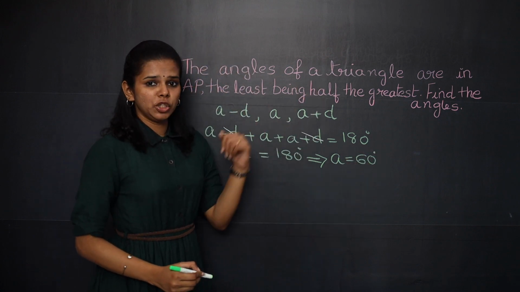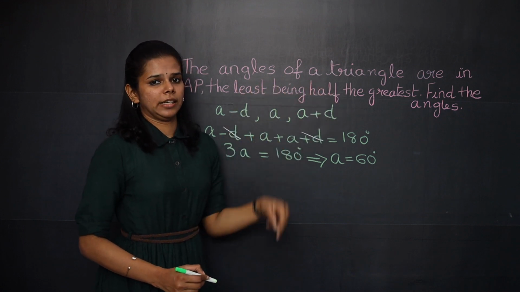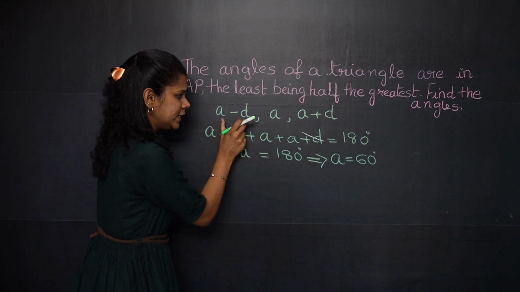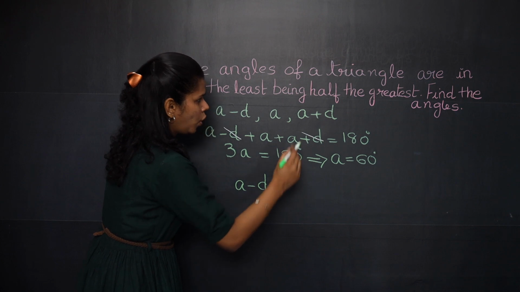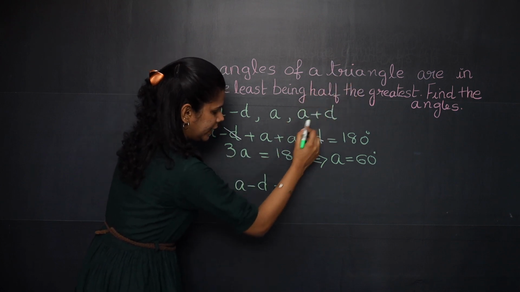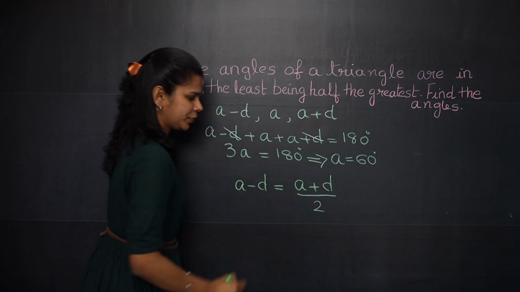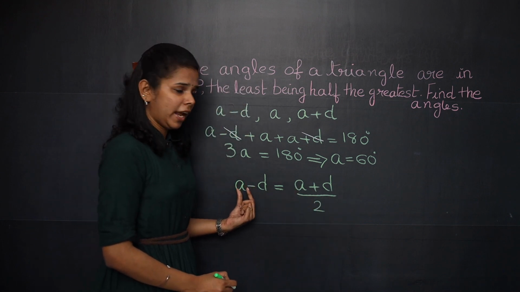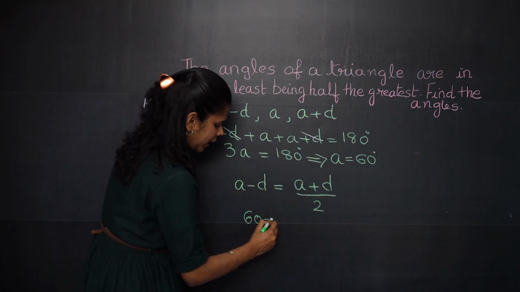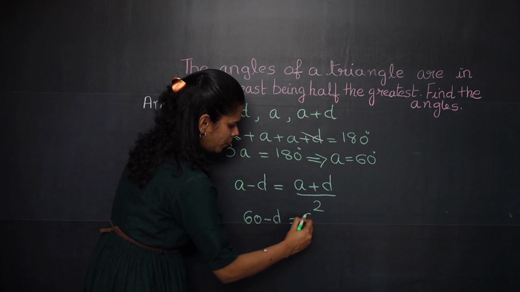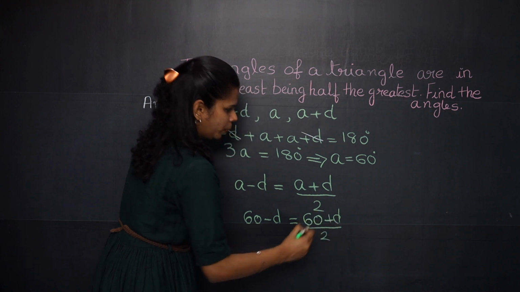Now look at the condition given in the question. The least being half the greatest. That is, the least one is A minus D is equal to half the greatest. The greatest is A plus D. You are taking the half of it. So here, instead of A, I am going to write it as 60 degree. So 60 minus D is equal to 60 plus D divided by 2.